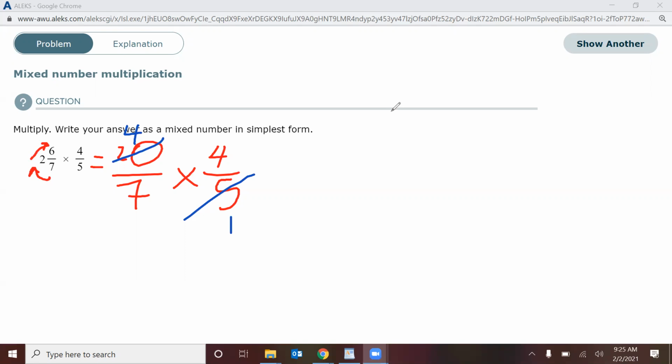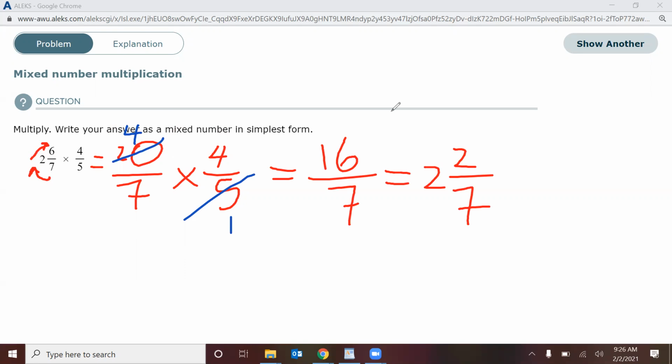So when I multiply things out, I get 4 times 4 is 16 in the numerator, and 7 times 1 is 7 in the denominator. We would be done at this point, except it says to write our answer as a mixed number. 7 divides into 16 twice with a remainder of 2. Therefore, the answer is 2 2/7.